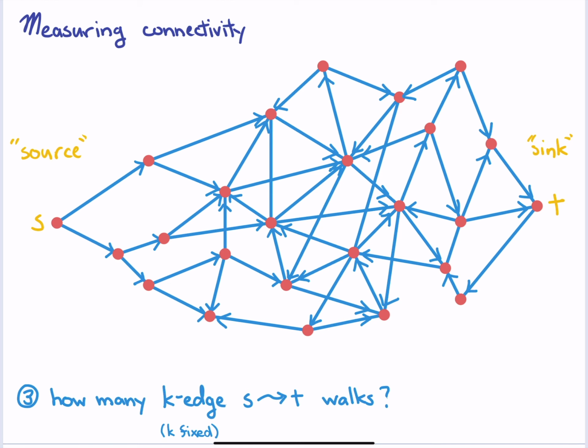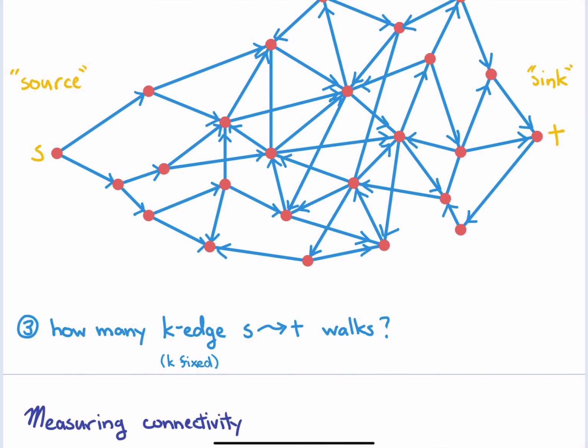One that is solvable is, suppose I fix a number of hops, like 10, and ask how many ways there are to get from S to T using at most 10 edges. If you're doing a social analysis, maybe K is like 2, so it's how many friend-to-friend relationships there are between these two people. That's another way to try to measure connectivity.